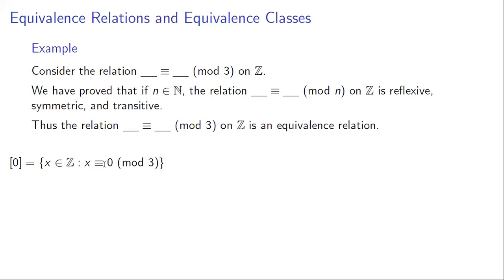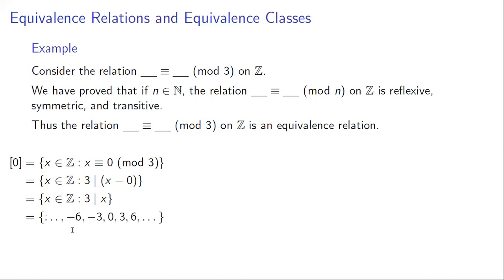Okay, so how do we simplify this further? Well, using the definition of congruence, this becomes the set of all x in Z, so the set of all integers, such that 3 divides x minus 0. In other words, the set of all x in Z such that 3 divides x. So we want the set of all integers that 3 divides. This is also known as the multiples of 3.